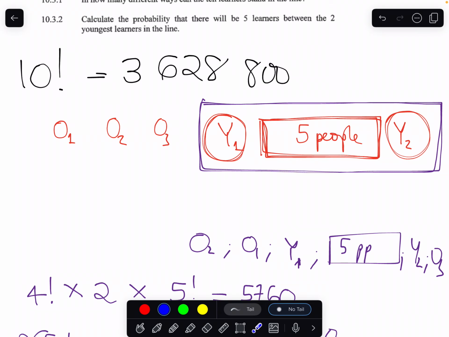So, okay, I need to count what are the different ways of choosing the people that go in here, because then, yeah, okay, I understand.